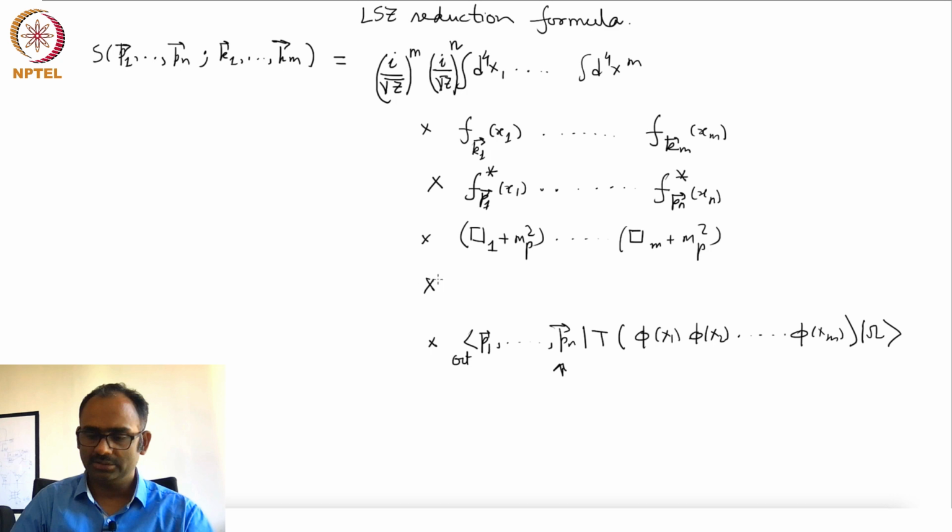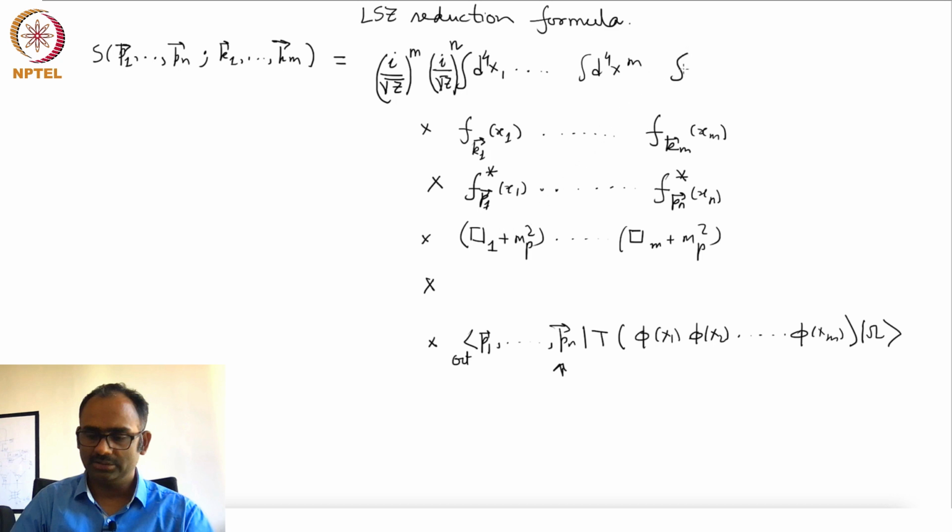you will have these differential operators also, just like you have box 1 plus m_p squared. Let me put a label x here, because now we have both. Sorry, I made a small mistake.